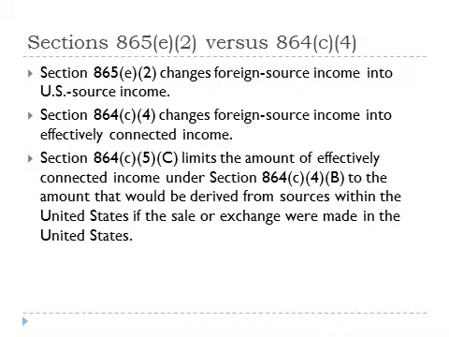864C5C limits the amount of effectively connected income under Section 864C4B to the amount that would be derived from sources within the United States if the sale or exchange were made in the United States.